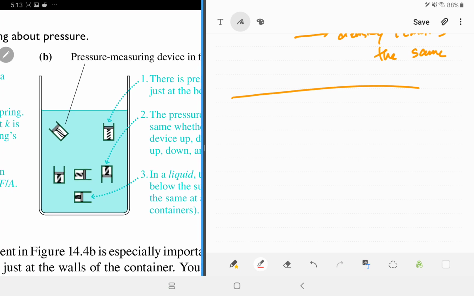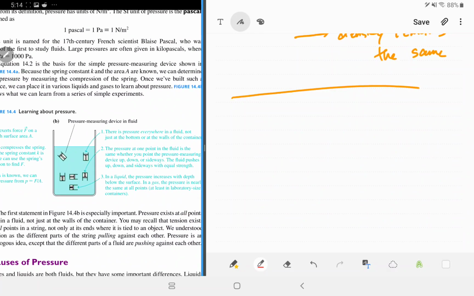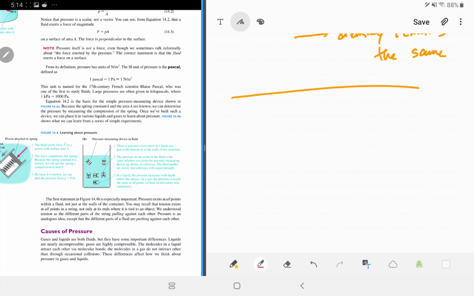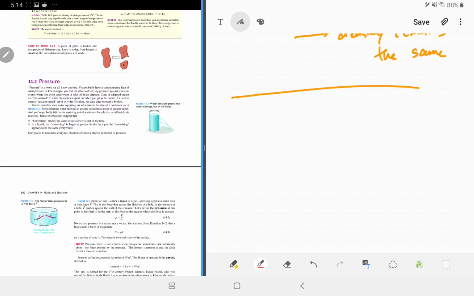So we're imagining that there's air inside the piston, and then it's exposed to the water on the outside, so that we can keep those two separate. The more you lower this contraption into the fluid, the more the fluid presses on the piston. And it doesn't matter how it's oriented. So pressure is related to force, and it acts in any direction. And it seems to increase as we go lower and lower into a fluid.